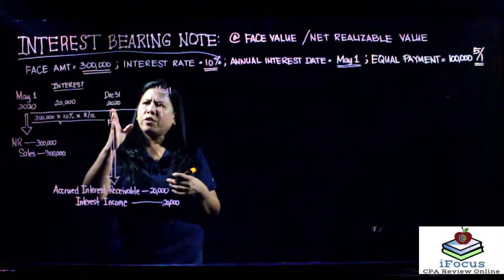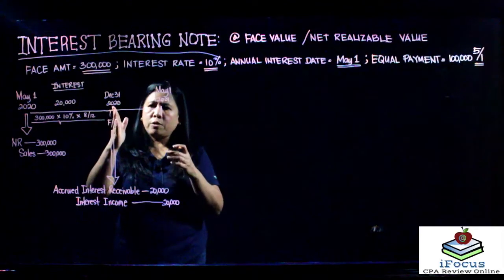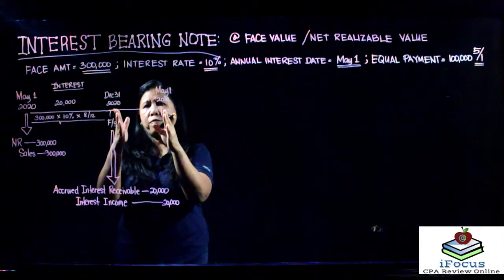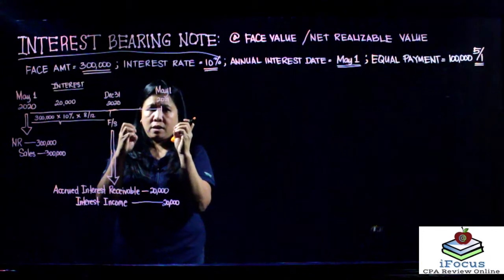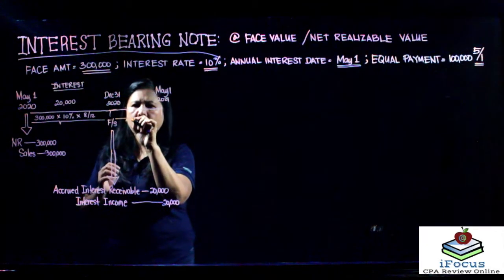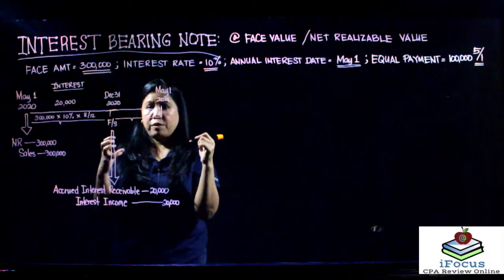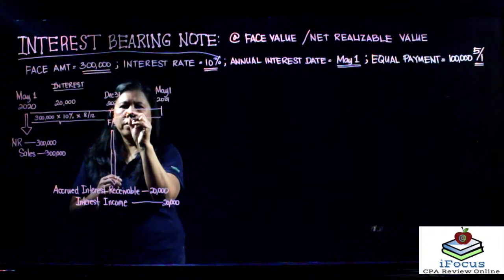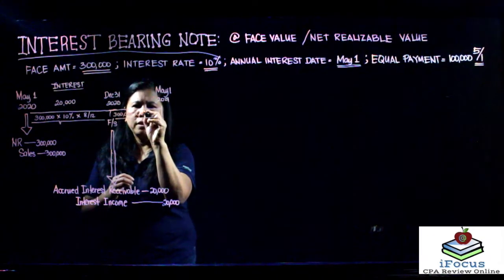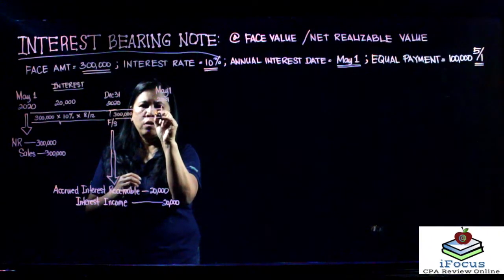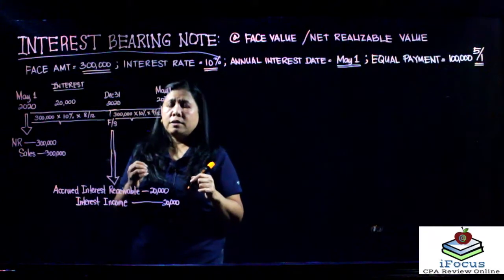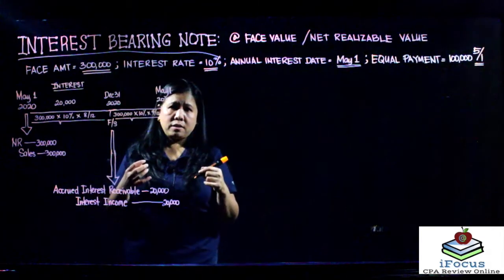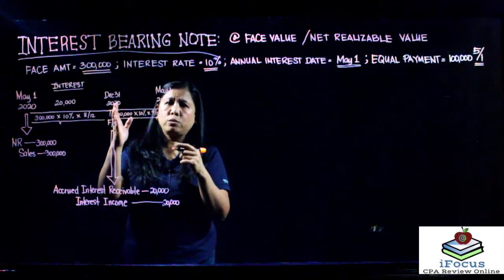From January 1st of 2021 up to May 1st of 2021, we will have an interest income. So our computation of these 4 months of interest will be 300,000 times 10% times 4 over 12. And we will come up with 10,000 as interest income from January 1 to May 1st.